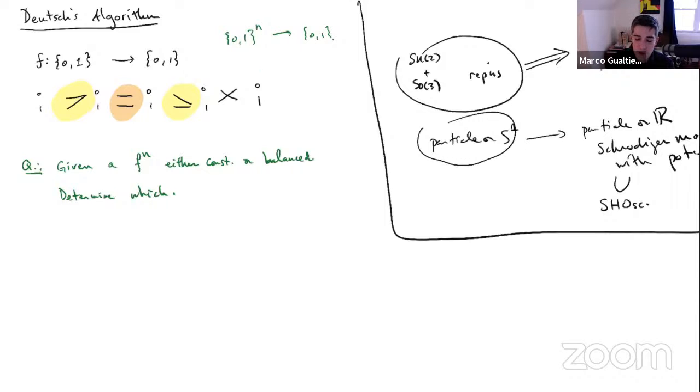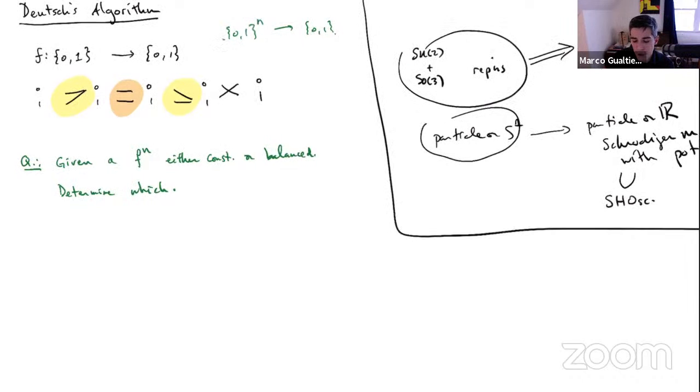You can see what I mean, that there are plenty of functions that are neither constant nor balanced when you're working on a larger domain. But in this case, we have two balanced functions and two constant functions, and we need to determine which is which.